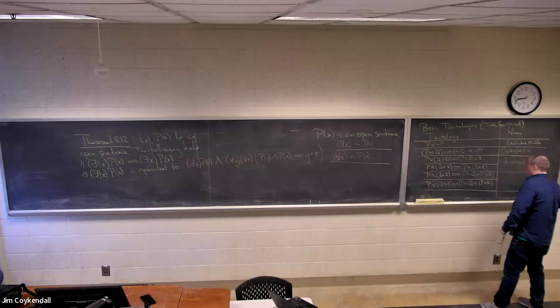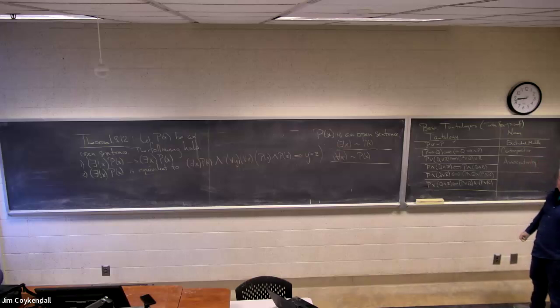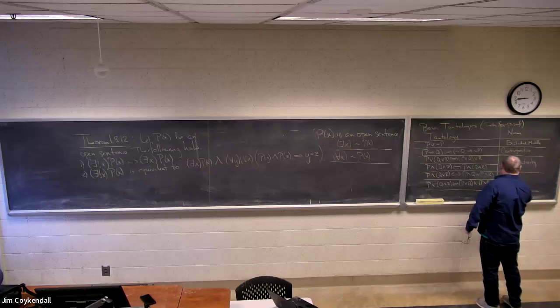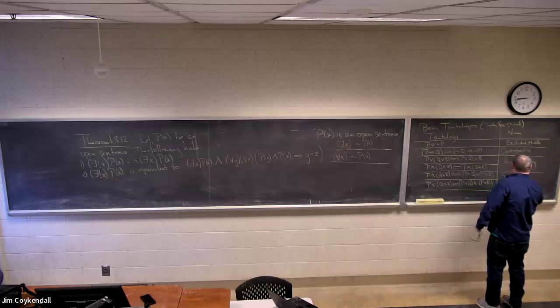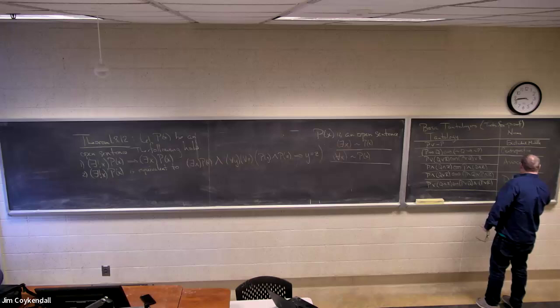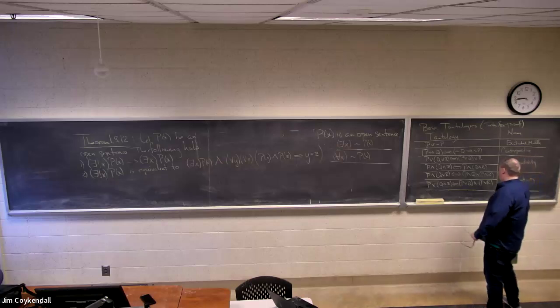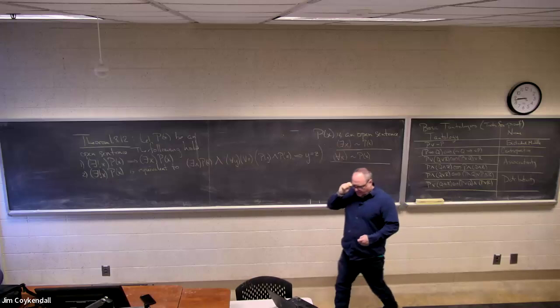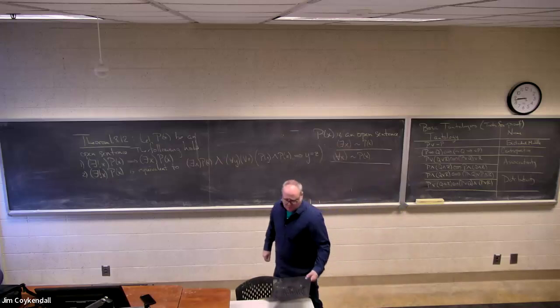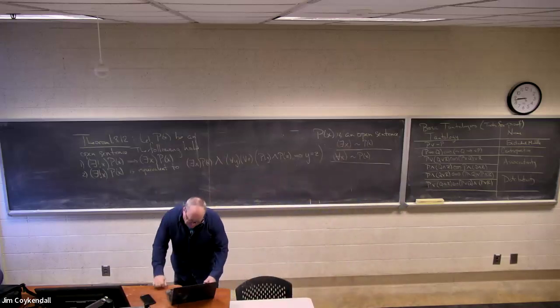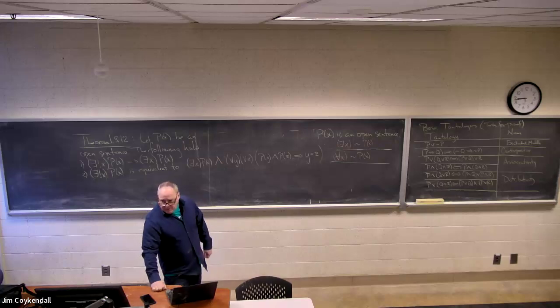And this one, anybody know what this one's called? Good, this is distributivity. And I proved one of those earlier, I don't remember which one. And how did we prove it? We compared the truth tables, right?